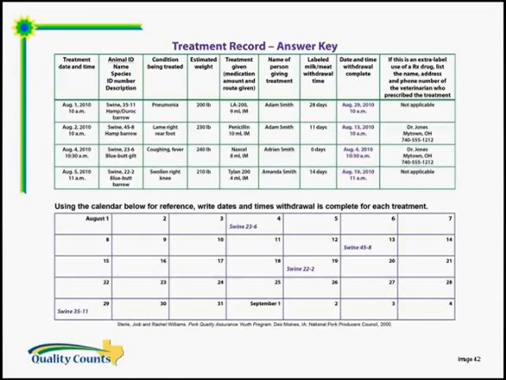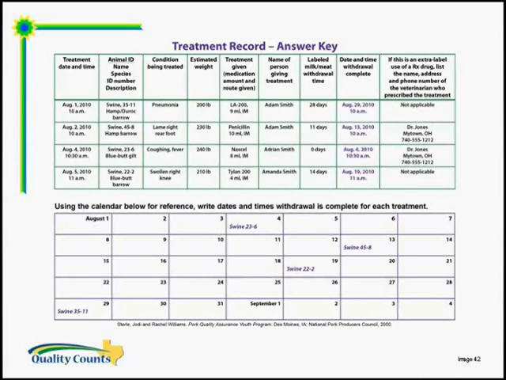listed there. For the final one, which was treated on August the 5th at 11 a.m., we've got a swine, animal ID 22-2. It was treated for a swollen right knee. The animal weighed 210 pounds. It was treated with Tylan 200, given 4 mLs intramuscularly, and it was treated by Amanda Smith.